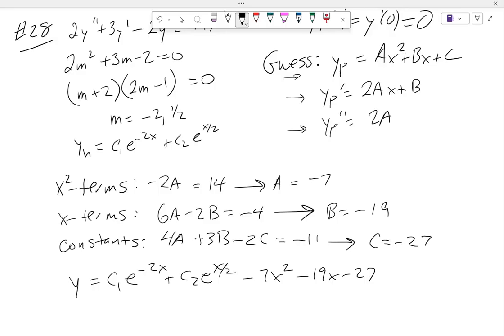Now we're ready to use our initial conditions to figure out what C1 and C2 are. Before I do that, let's differentiate and then get our equations. If we take the derivative here, we'll get negative 2c1 e to the negative 2x plus 1/2 c2 e to the x over 2 minus 14x minus 19.